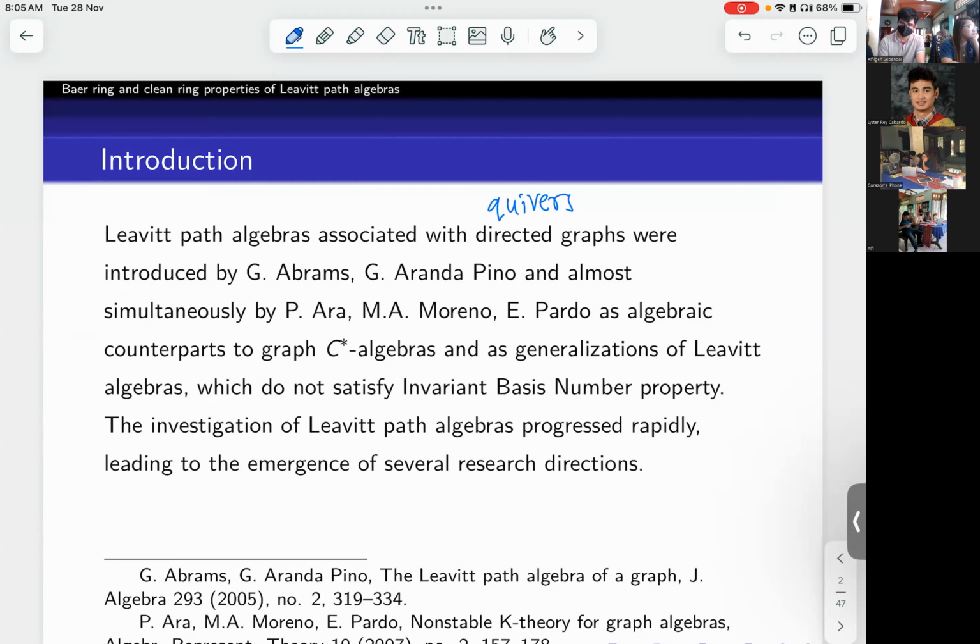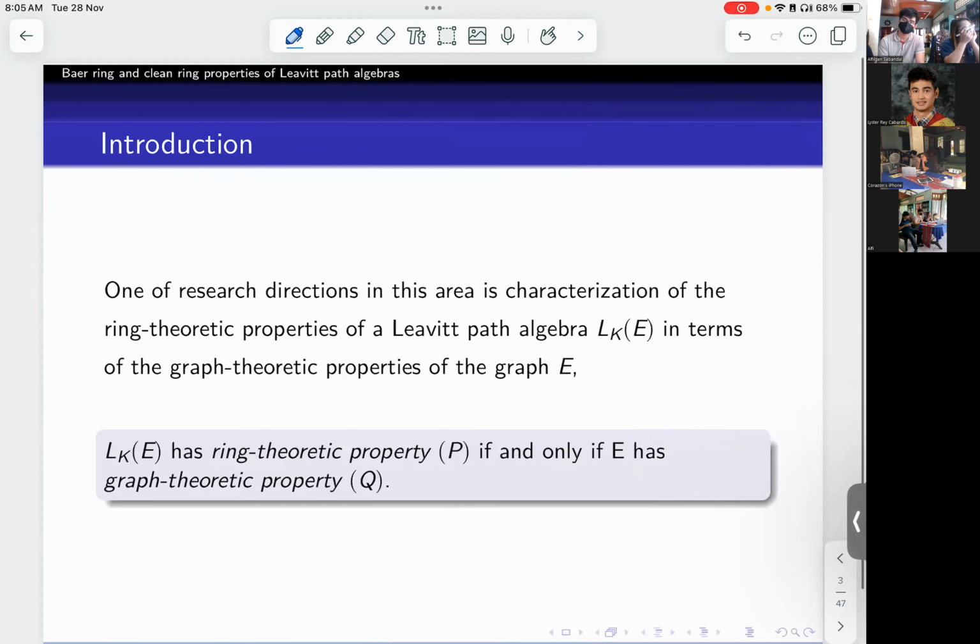So there are various directions in which the research is going on, and one important direction is this: we have a graph E with a certain vertex set and edge set. Edges are defined by the source and the range, and to this multi-digraph or quiver we associate a Leavitt path algebra.